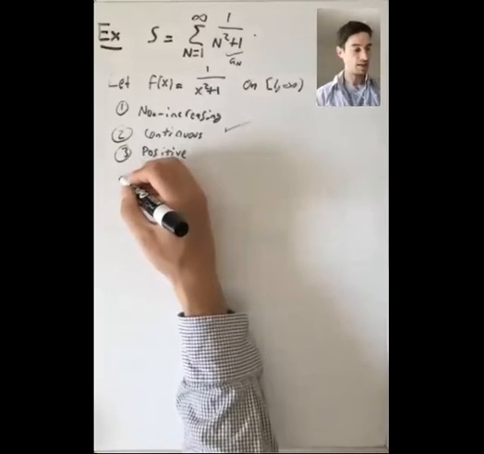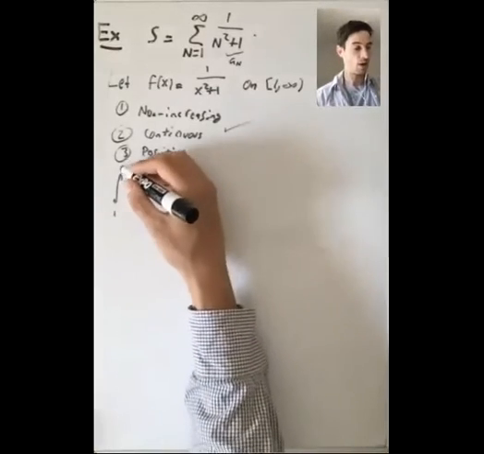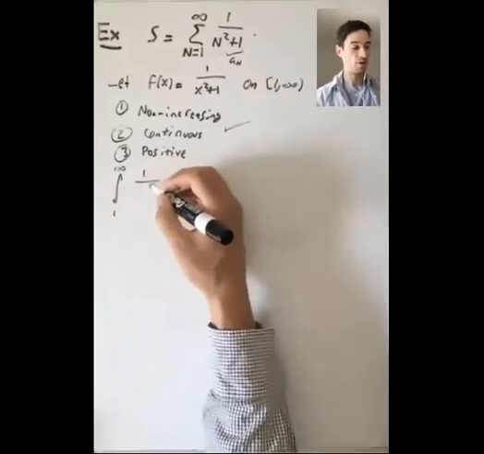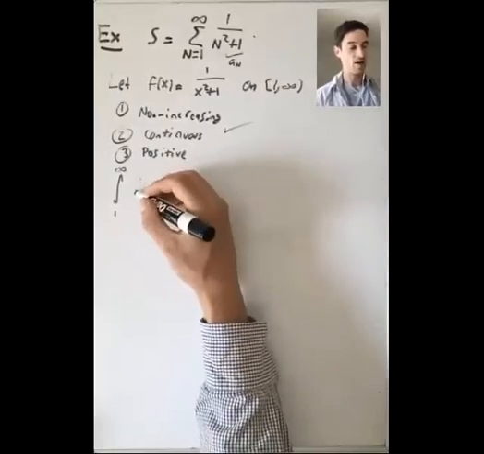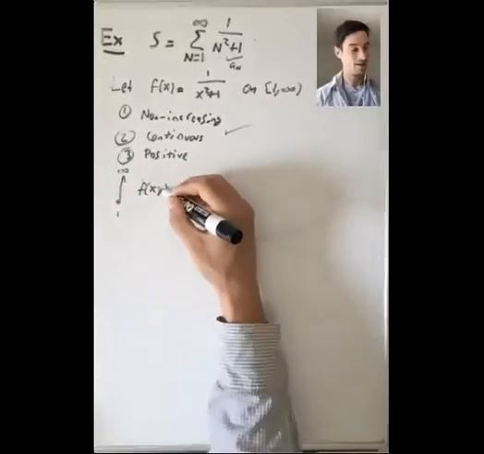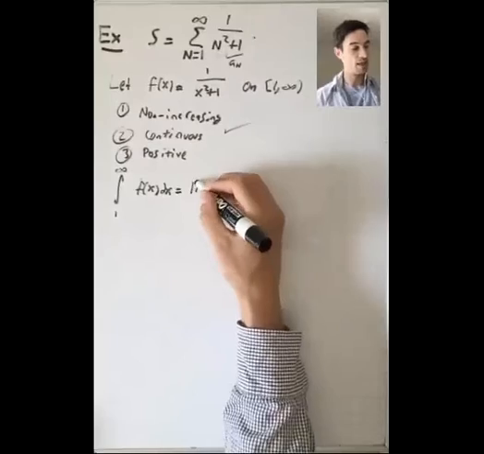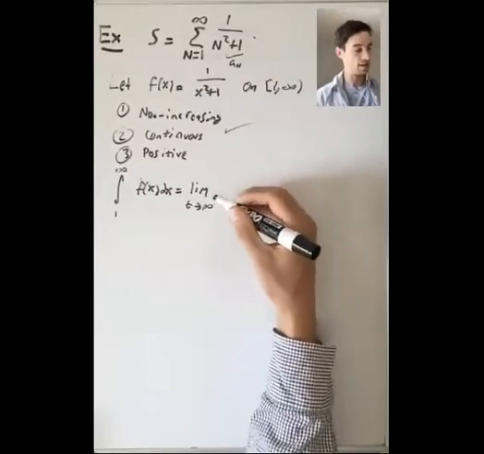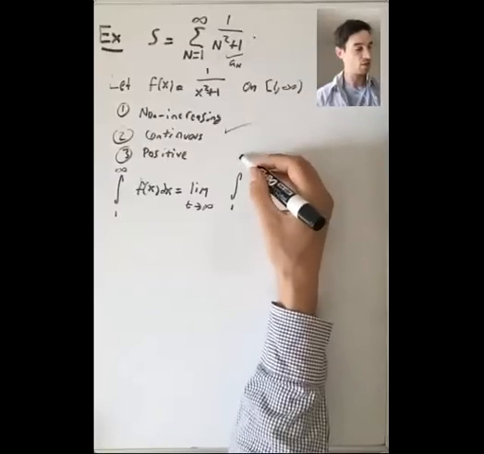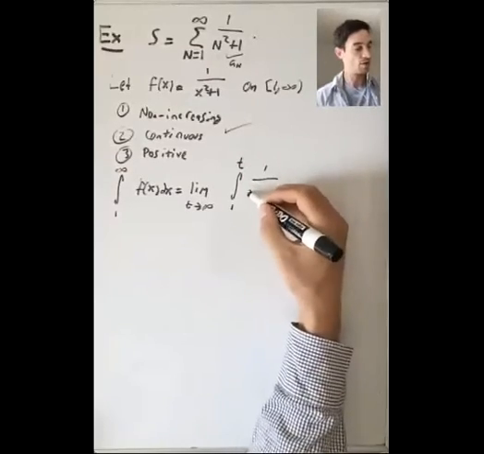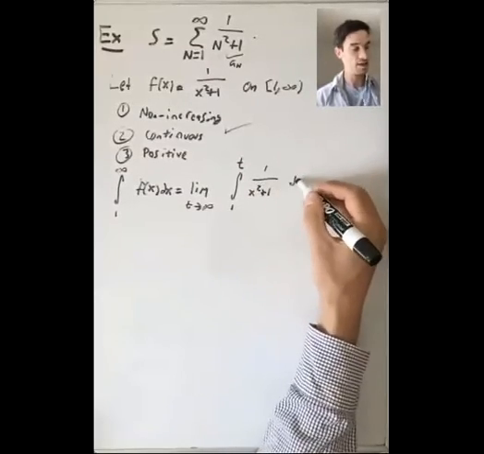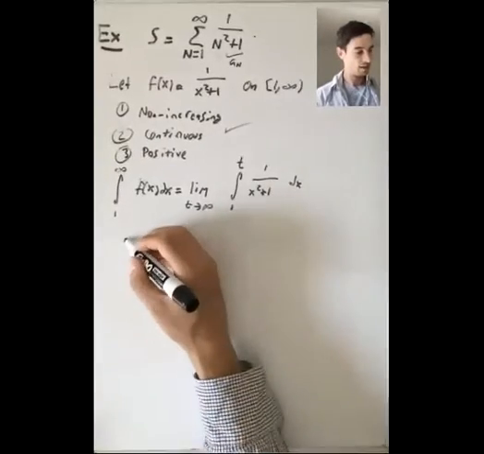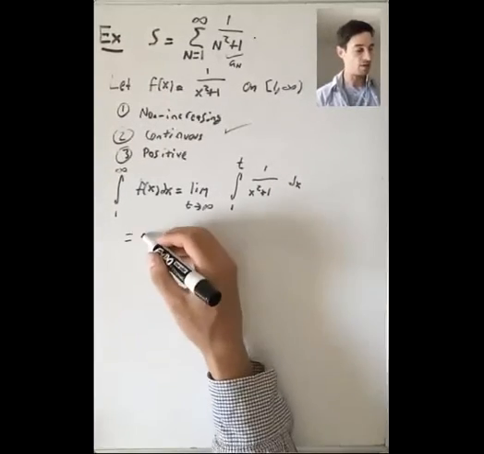So let's think about the integral from 1 to infinity of f of x dx. What does this mean? Well, it's defined with a limit as t goes to infinity of the integral from 1 to t of 1 over x squared plus 1 dx. This is a function where we know an antiderivative.